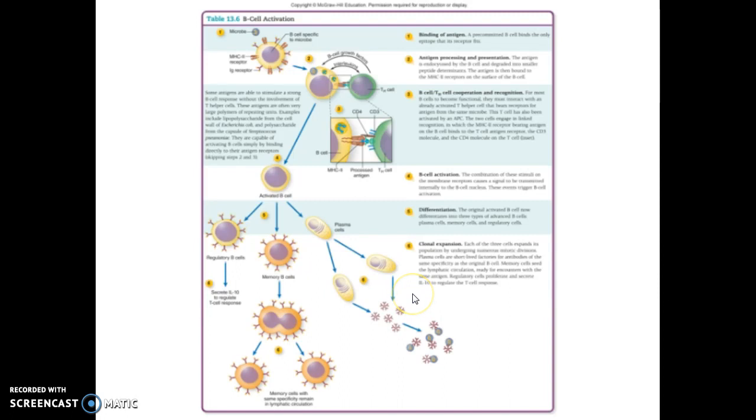On this side, you have the plasma cells. And the plasma cells look very different from the other 2 types of cells. And that's because the plasma cells, their job is simply to produce antibody.